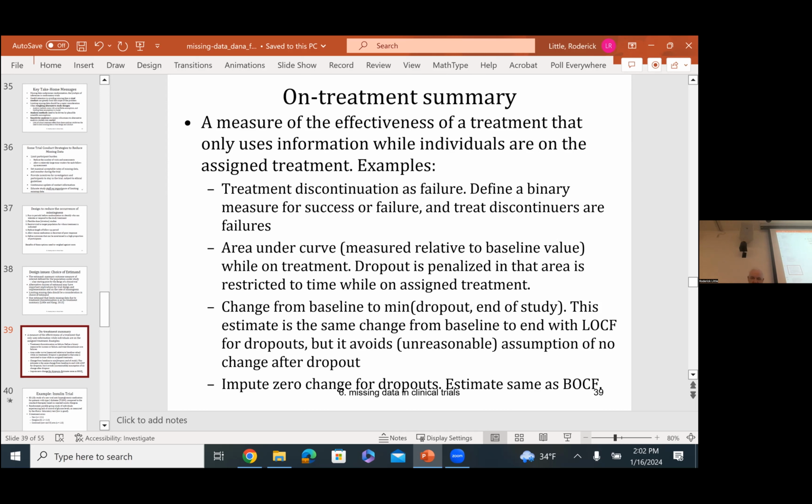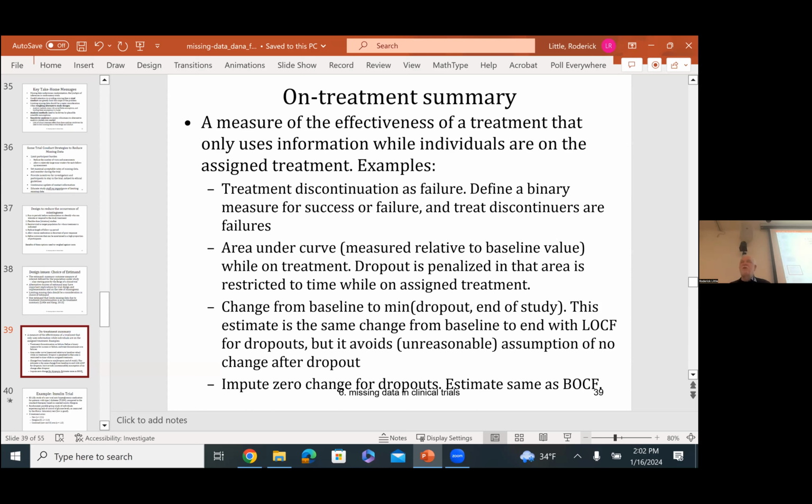That works in some areas, I think. What's the area for pain studies? For example, what's the area under the curve while on treatment? If they go off treatment, then the area goes down because that's not included. It's only the measure of how much pain has been reduced while you're actually on the treatment. Okay, it's another example, and so on.